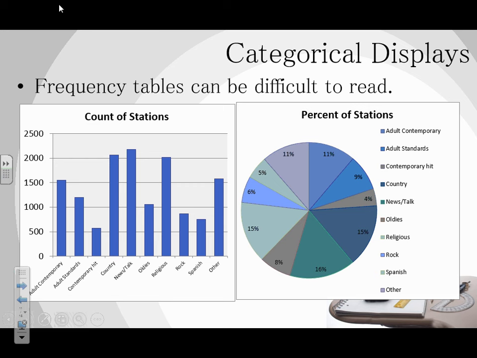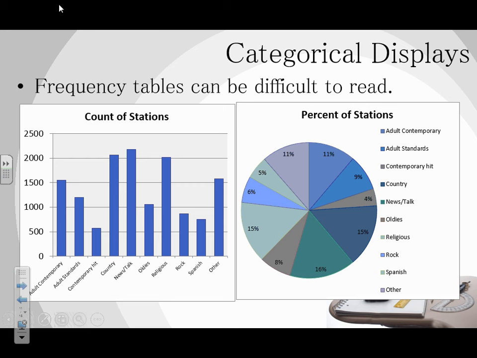Now it's easier to compare some of the different categories. For instance, what is the highest number of a particular category? What type of station is the most prevalent throughout the country? News and talk. So news and talk shows are the most prevalent. They have the highest number of stations that play that type of programming.